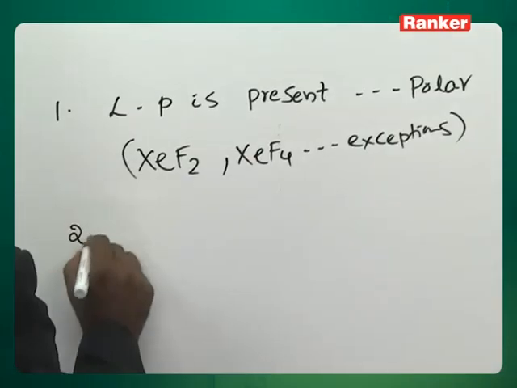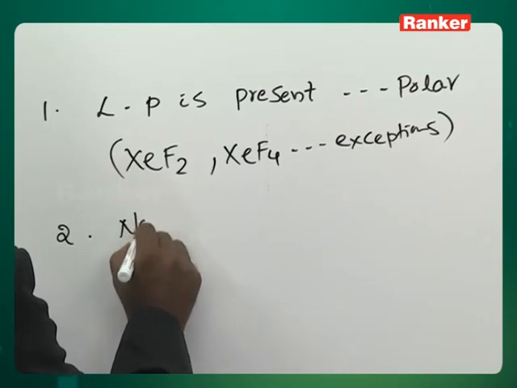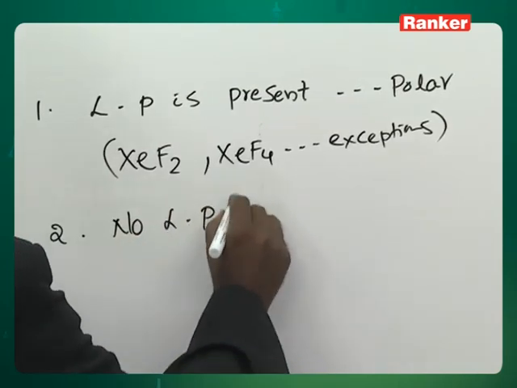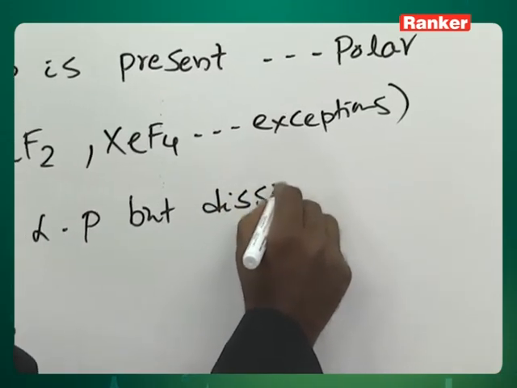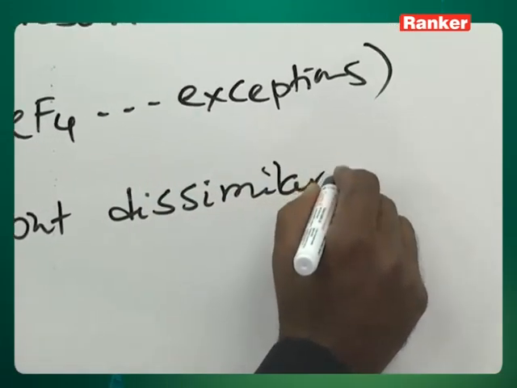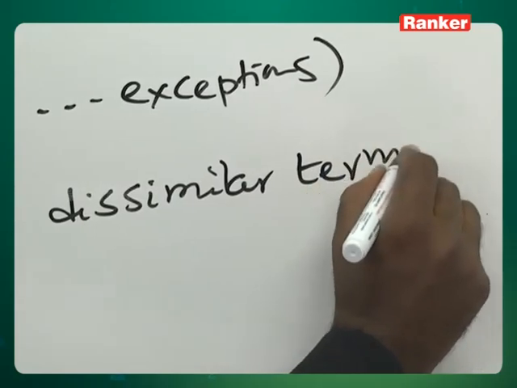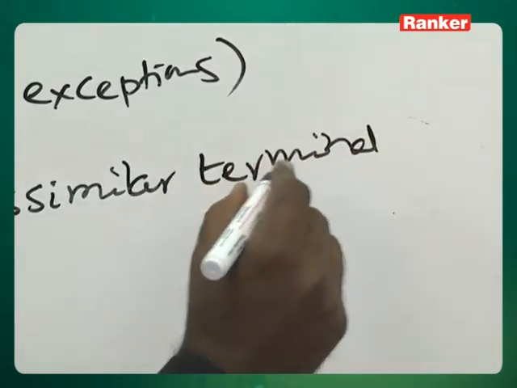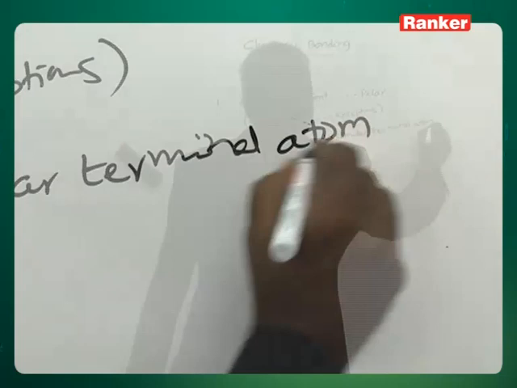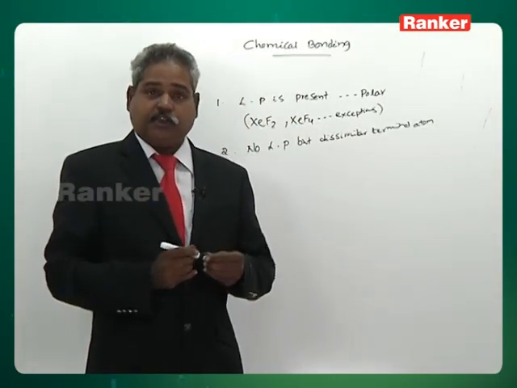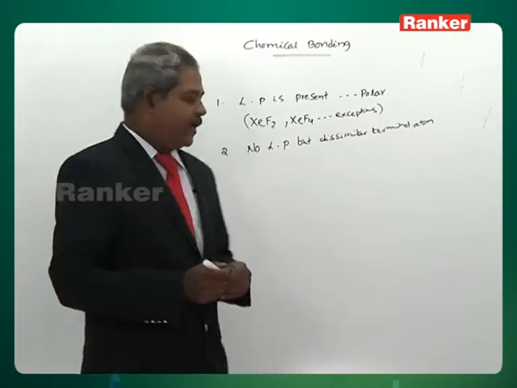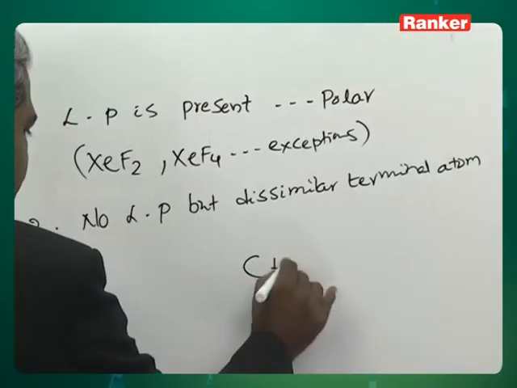Case 2: no lone pair, but dissimilar terminal surrounding atoms. SO3, who are the terminal atoms? All 3 are oxygens, they are similar. But look at CHCl3.